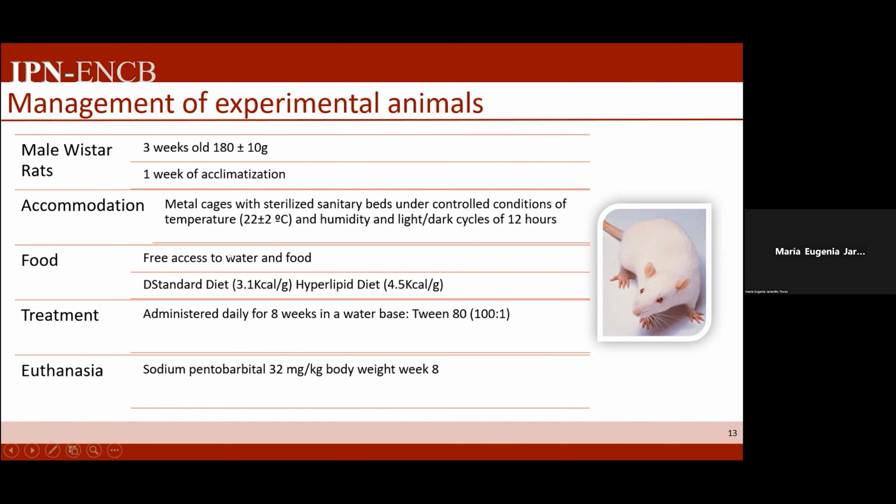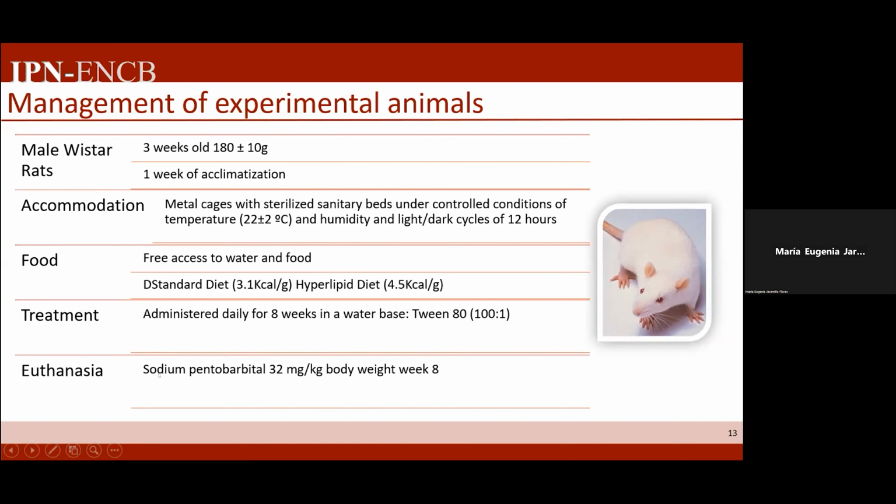They had free access to water and food, with one group on a standard diet and the other groups on a hyperlipidic diet. We administered Justicia spicigera and kaempferitrin for 8 weeks in a water base mixed with Tween 80.